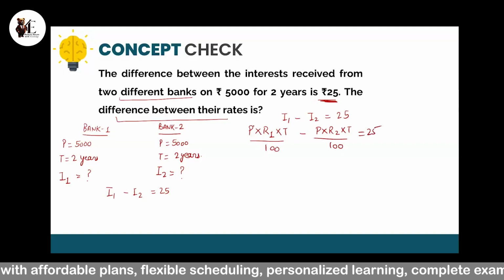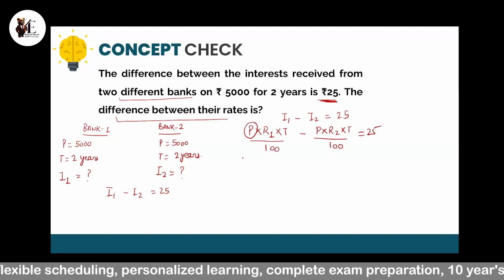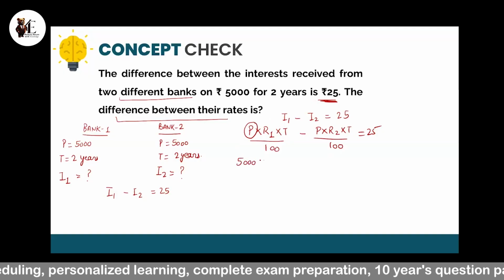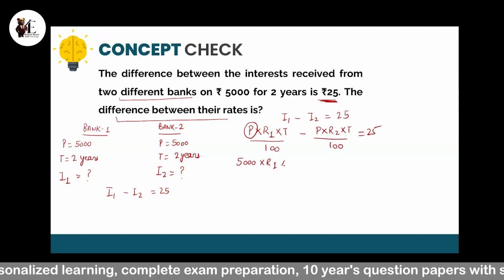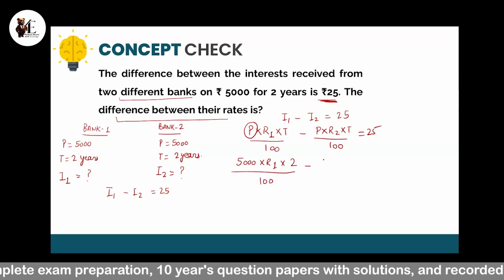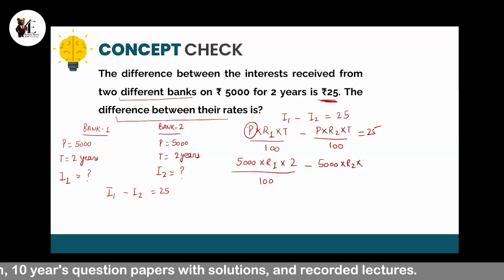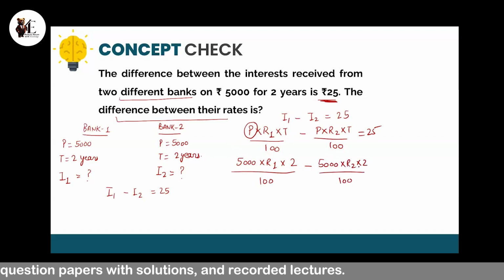Let's substitute the values. Principal is 5,000, R1 into time is 2 years over 100 minus 5,000 into R2 into 2 over 100 is equal to 25. So these two zeros will be cancelled out.